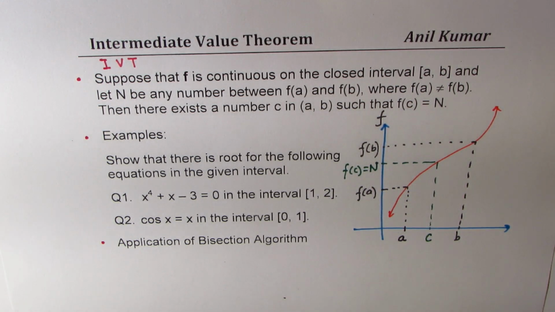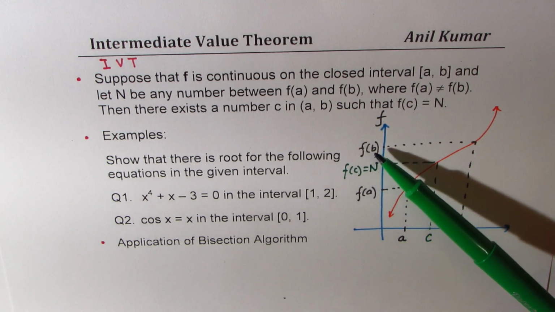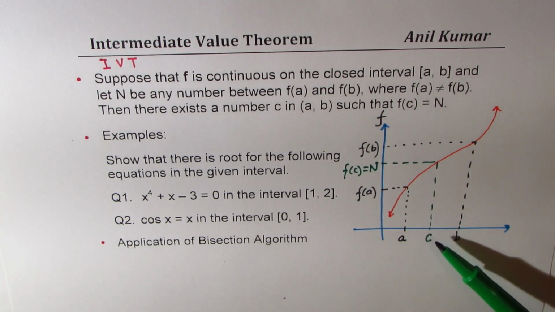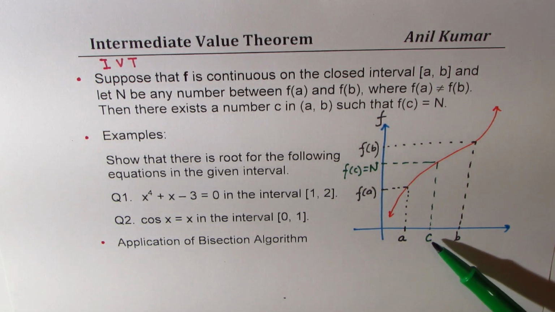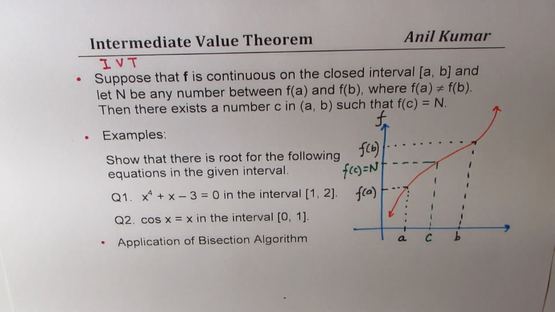You get an idea, right? So intermediate values between f(a) and f(b) will definitely have an independent value c where it will match. Perfect? So that's what it means.